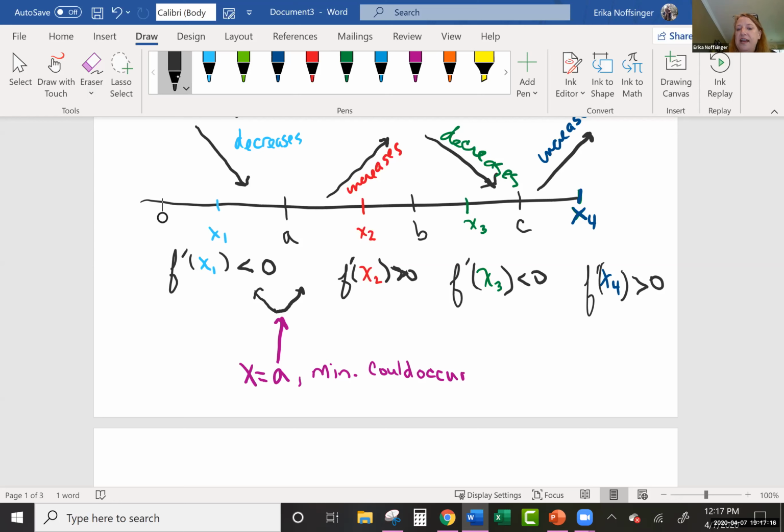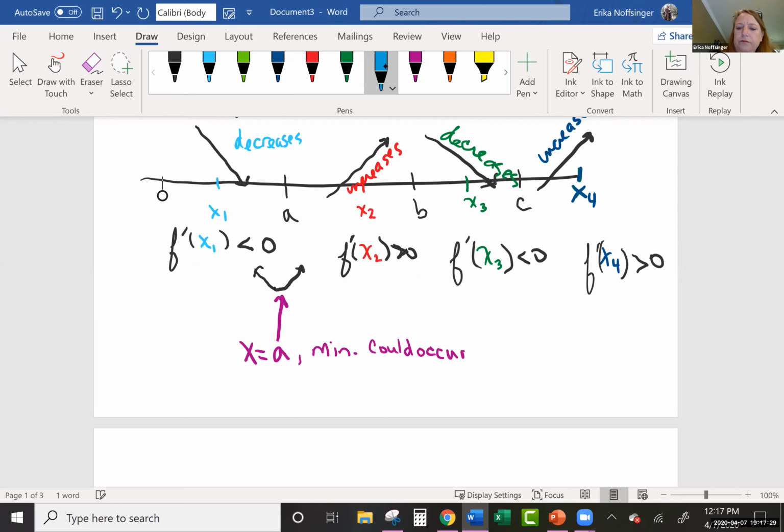But notice that x equals b. So from the left of b, we had something that was increasing going up, and then it changed directions at b, and then it started decreasing.